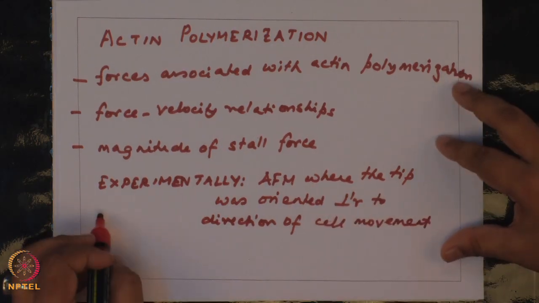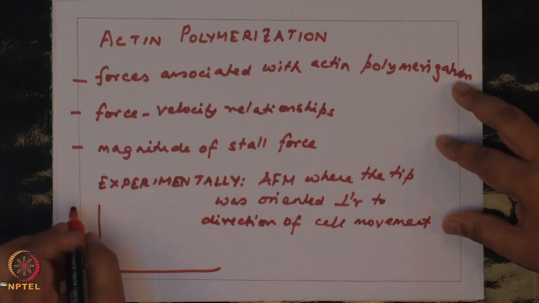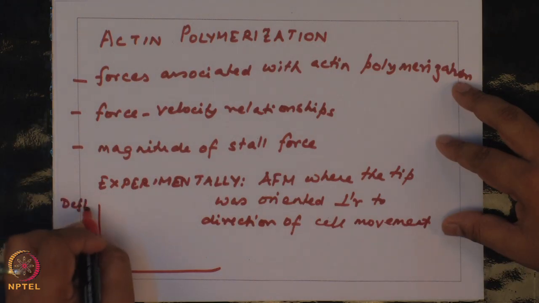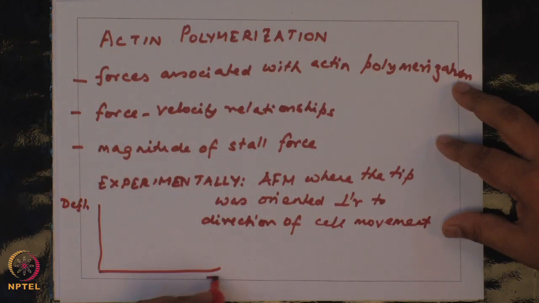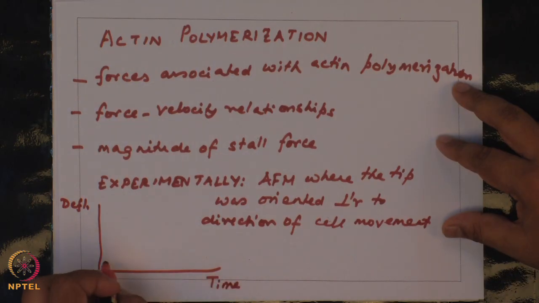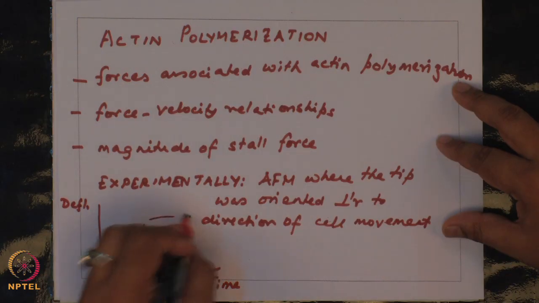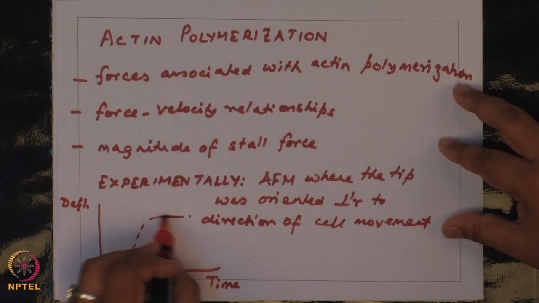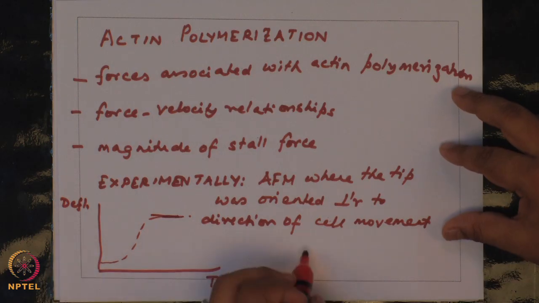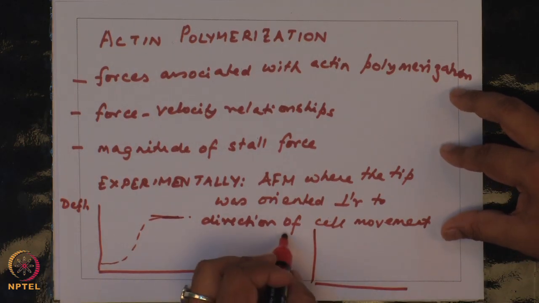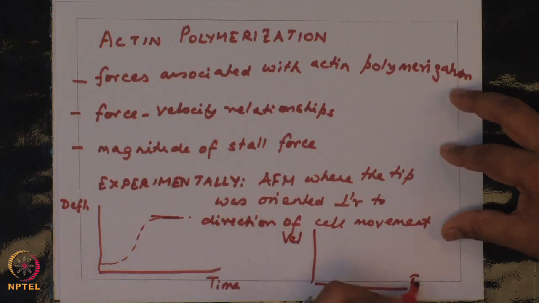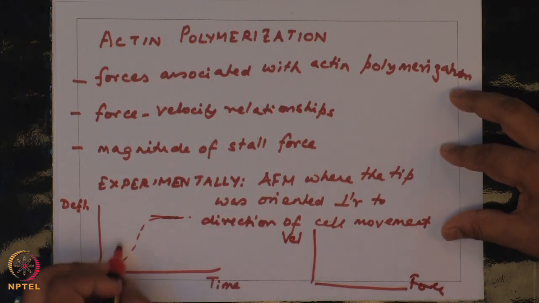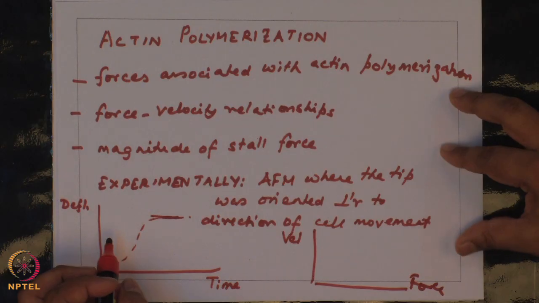As a consequence you can track the deflection as a function of time, and you would get a deflection profile which is something like this. Once it plateaus, from this curve you can get the speed or velocity and the force as well. Velocity is nothing but the slope of this curve and force is k times deflection, where k is the spring constant of the tip.